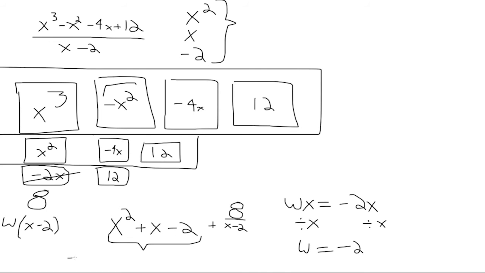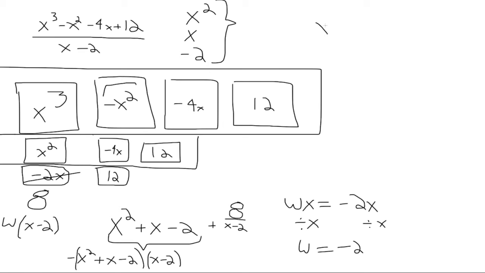Basically what we did is we subtracted x squared plus x minus 2, this times x minus 2, right? We subtracted this whole thing from this polynomial over here to get 8. So we ended up getting an 8 at the end.